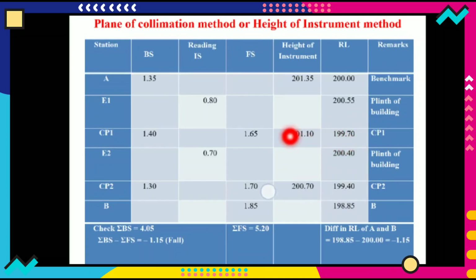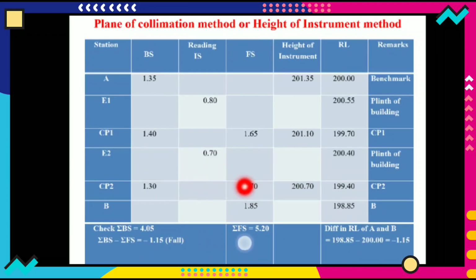So RL of benchmark plus backsight is equal to height of instrument. So 199.70 plus 1.40 is equal to 201.10. Again we subtract this minus this is equal to this. Again we shift our instrument and we take reading 1.30 after 1.70.